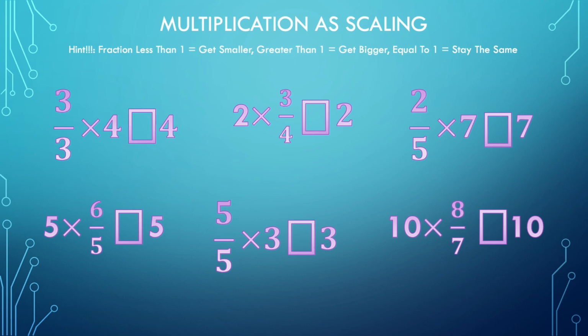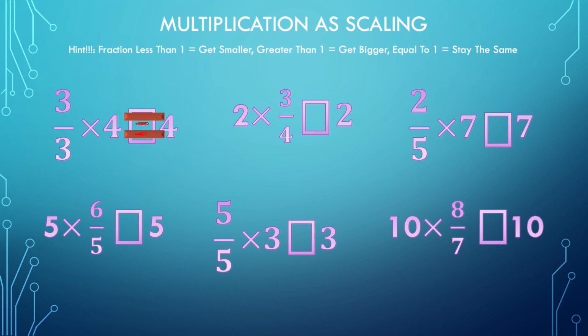Well, I know that when we are working with 3/3, this is equal to 1, so it's going to stay the same. So I'm going to put an equal sign there. And I feel comfortable with this one. So to check it, we would agree that this is going to stay the same.